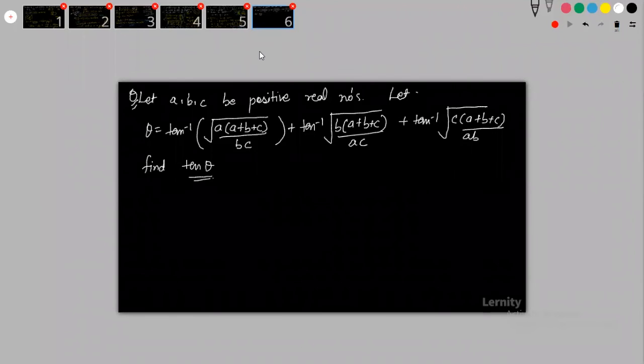All those who are giving answer, please try to solve it also. I know the answer is 0. That is correct. But I want you to solve the question also.